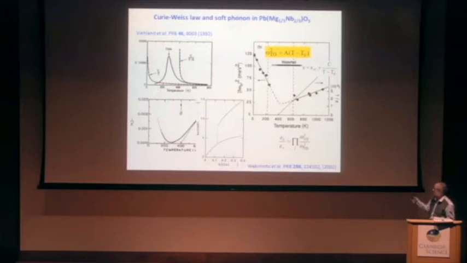But the important point is that this phonon softening, which follows the Cochran law, does not explain completely the Curie-Weiss behavior. So this softening must be much faster, and then it can explain the Curie-Weiss behavior.